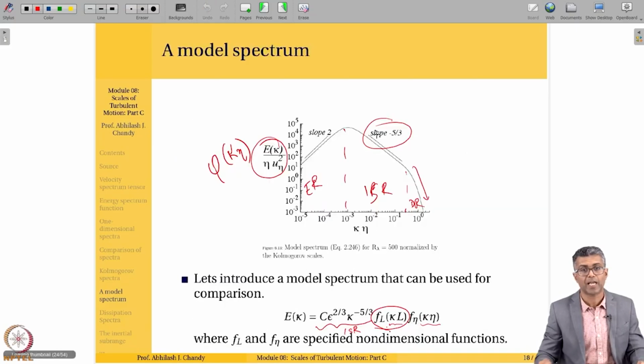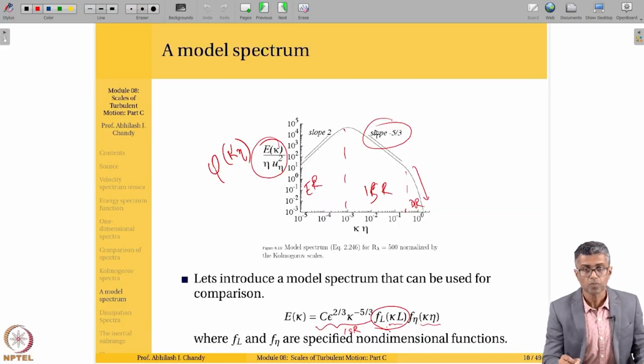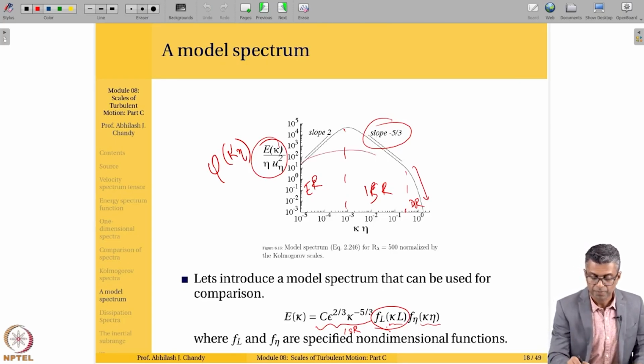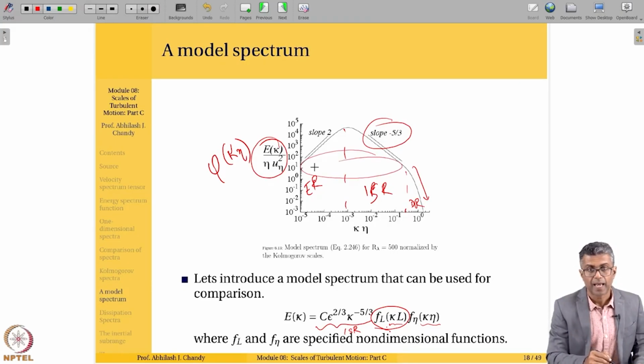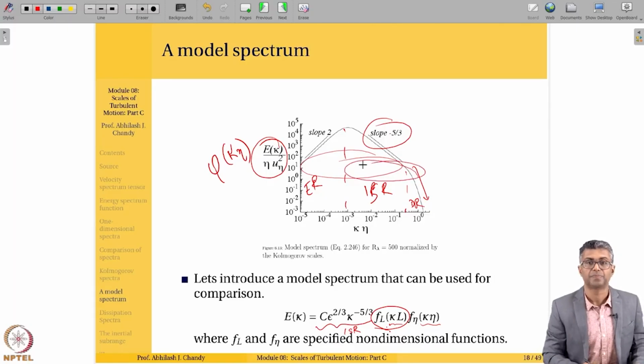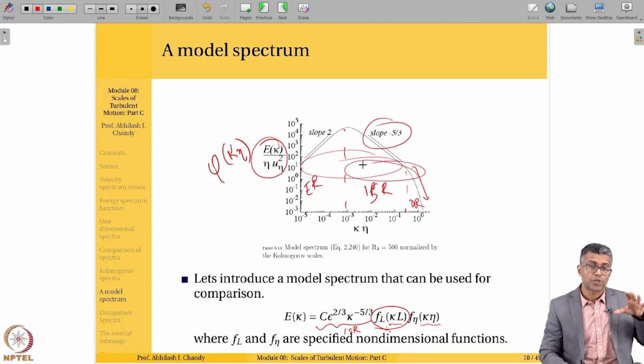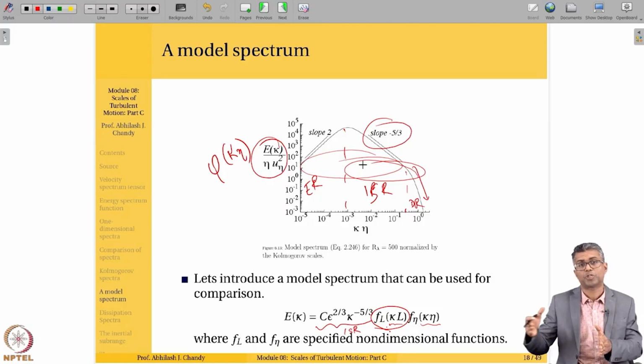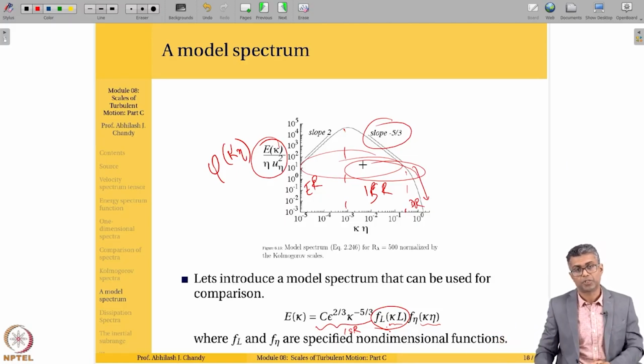So what is essentially happening is F eta is sort of deactivated in this range. And FL is deactivated in this range. Am I making sense? So the FL is deactivated in the inertial subrange and the dissipation range.